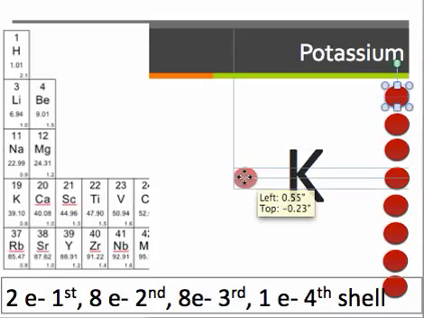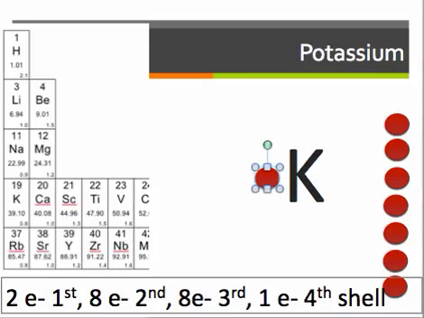So I'm going to add the dot to the potassium, and notice that this valence electron configuration is exactly like we determined for sodium, which is in the row directly up above. And this is in accordance with the law of periodicity.